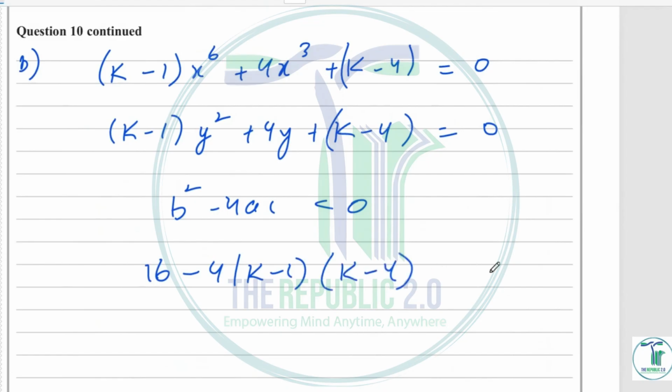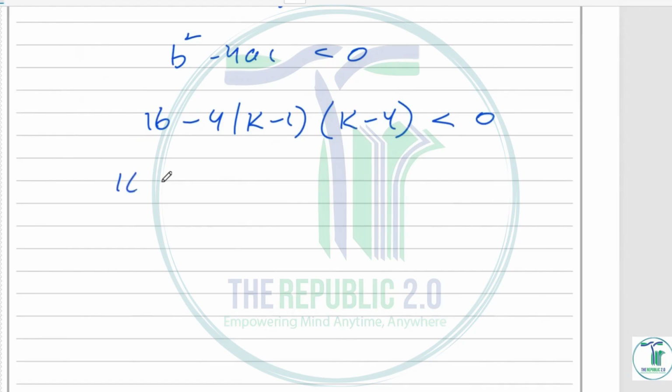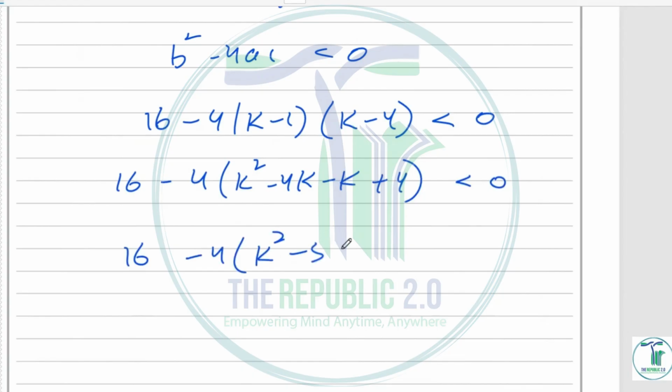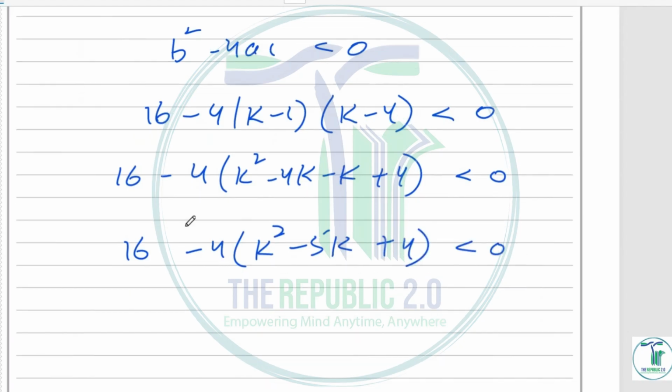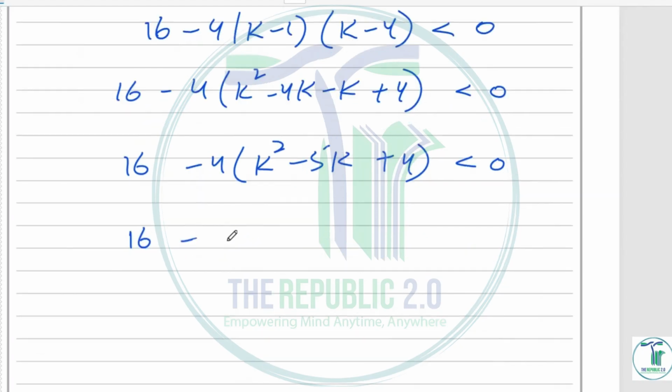It should be less than 0. I'm just going to sort it down. So 16 minus 4 times k squared minus 4k minus k plus 4 should be less than 0. 16 minus 4 times k squared minus 5k plus 4 should be less than 0. And now 16 minus 4k squared plus 20k minus 16 less than 0.